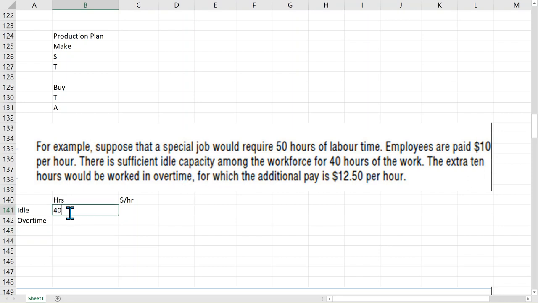So for the first 40 hours, the rate is going to be zero because there's no relevant cost. Even though we are paying our employees $10, we are paying them anyway. For the 10 hours extra, there is going to be overtime rate 12.5, and that is going to be the relevant cost of labor here.